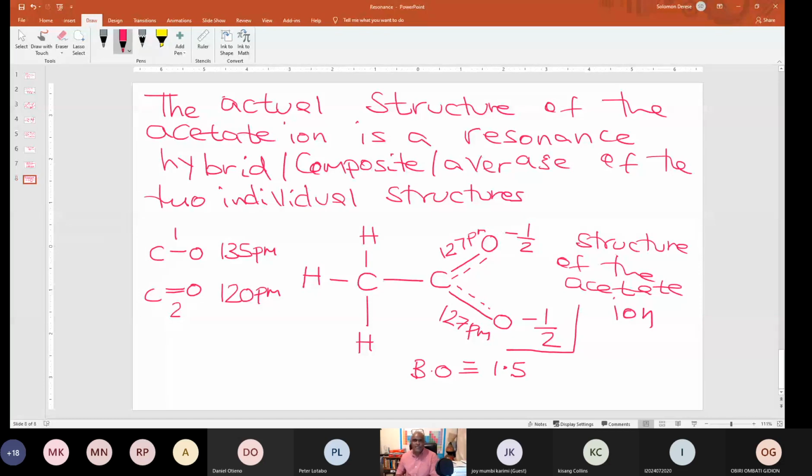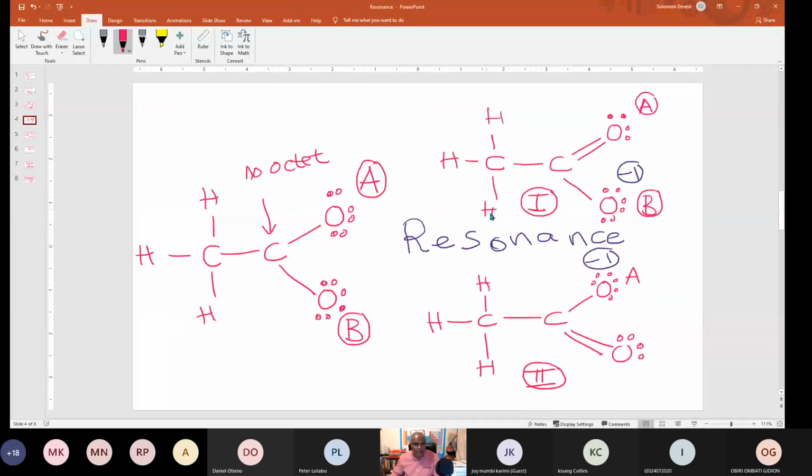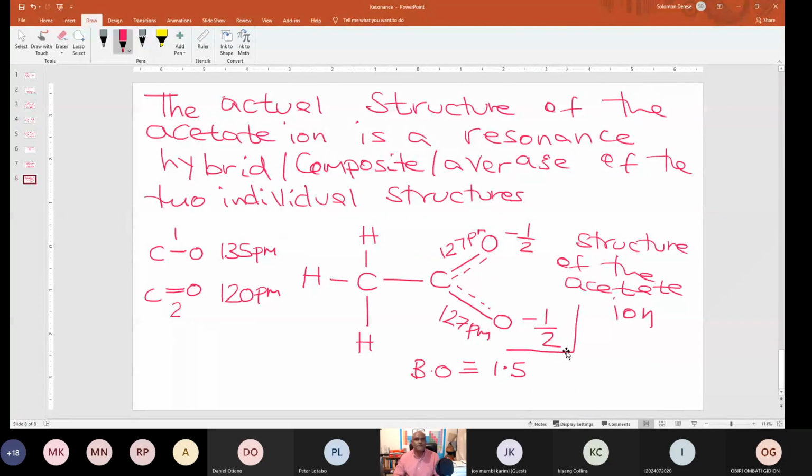The acetate ion is neither structure 1 nor 2. It is the average of the two. It is the composite of the two structures. It is the weighted average of the two structures, and it is this one.